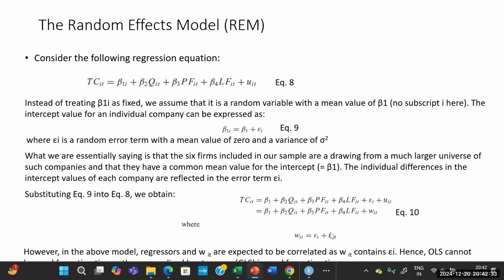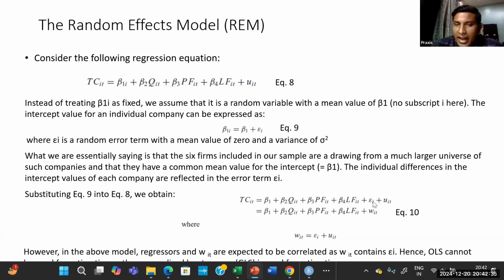And this epsilon_i is likely to be correlated with these regressors, right? Because that is the fixed company-specific effect, and company-specific effects are going to be correlated with a particular company's output, load factor, fuel price, and all those things.